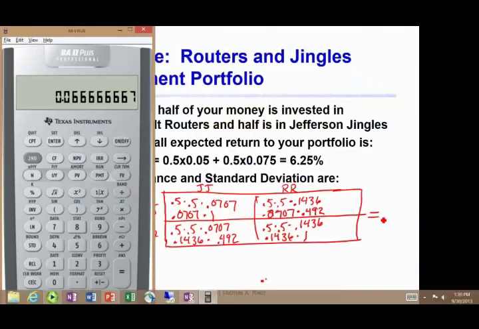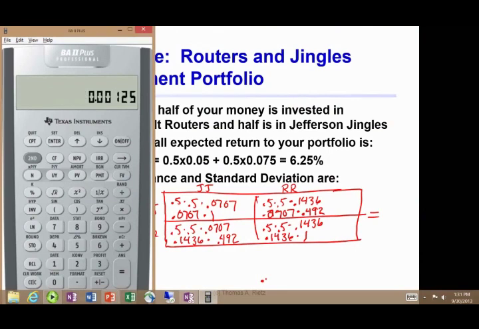Now what I've done is I've already calculated, in the last video, the standard deviation of Jefferson Jingles, 0.0707, Roosevelt Routers, 0.1436, and the correlation, 0.492. I'm just going to use those to do this calculation here. So in the upper left corner, half of my money is in Roosevelt Routers times half of my money in Roosevelt Routers, times the standard deviation of Roosevelt Routers, times Roosevelt Routers.